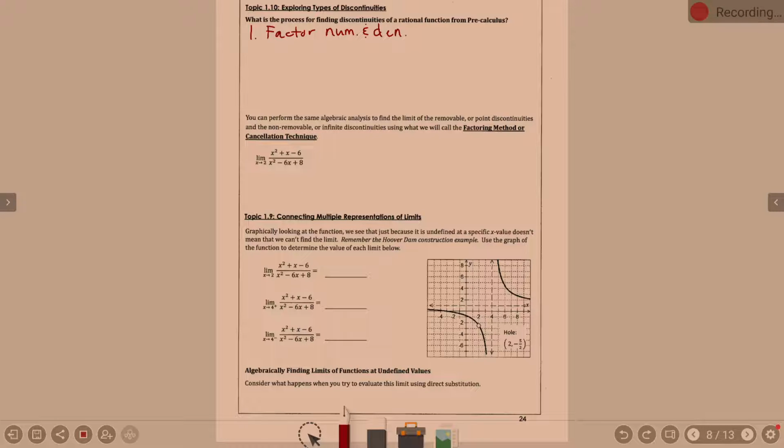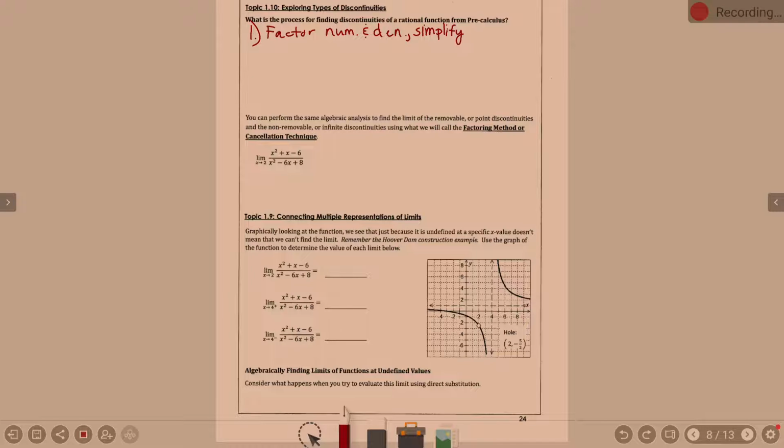You can write them out, I'm abbreviating. And then after we factored, we had to cancel and simplify. So that was always step one: you had to factor the numerator and denominator, and simplify it if you could.